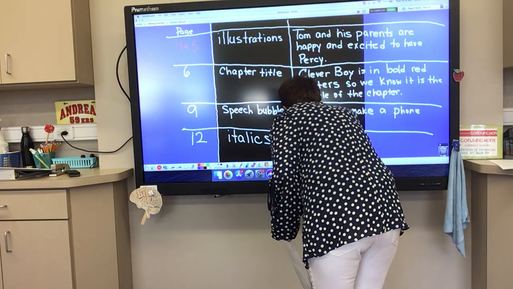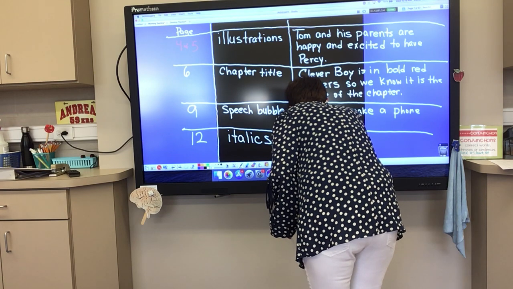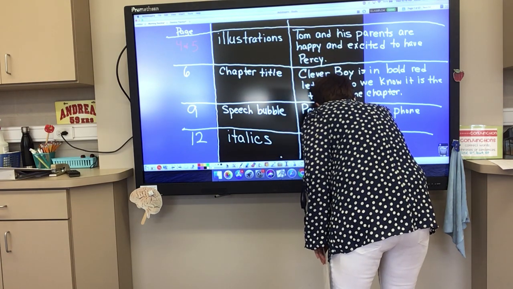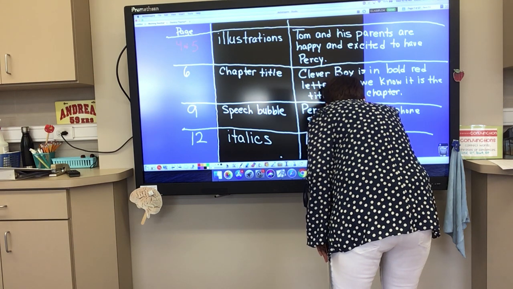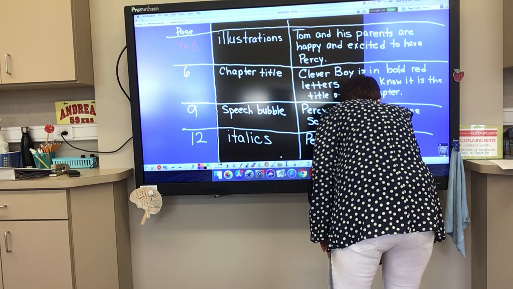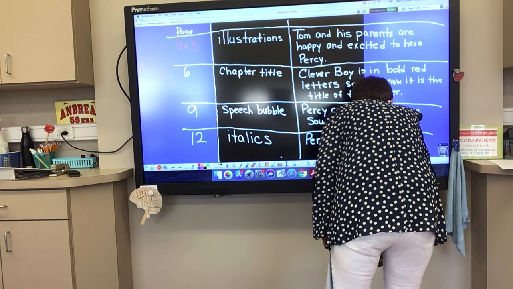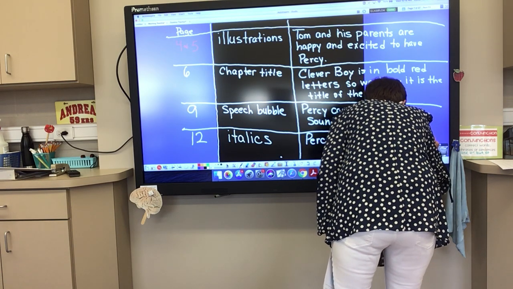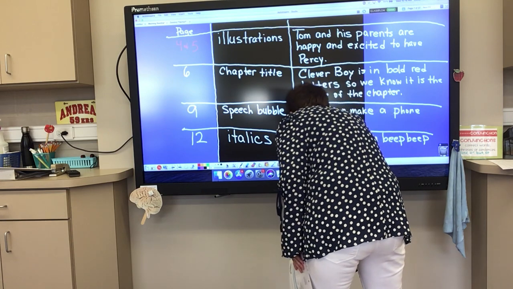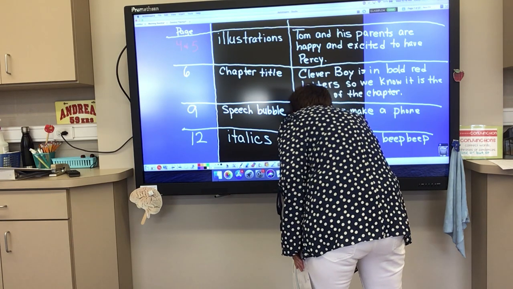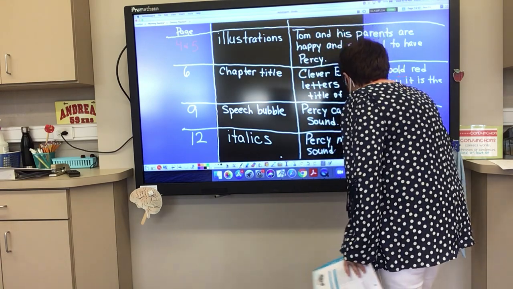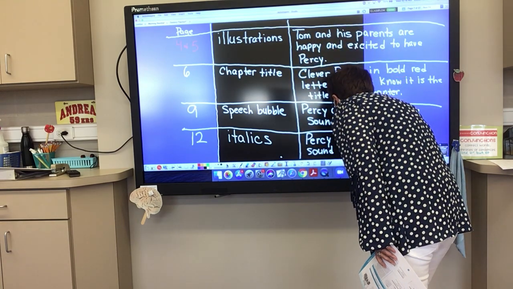Percy makes a beep beep sound like a car. That's the car sound, right? Makes a beep beep sound like a car.